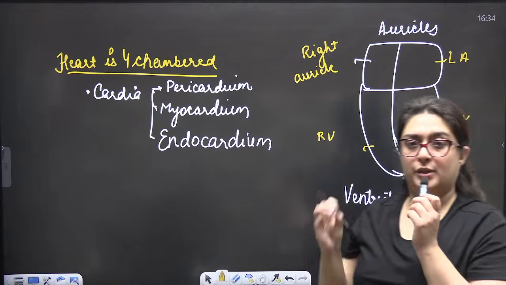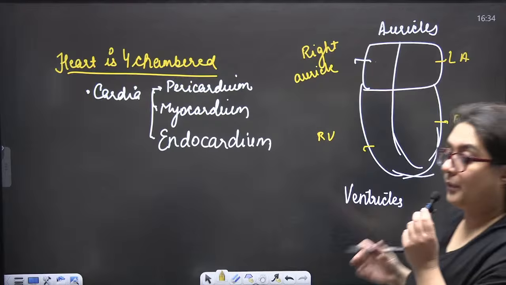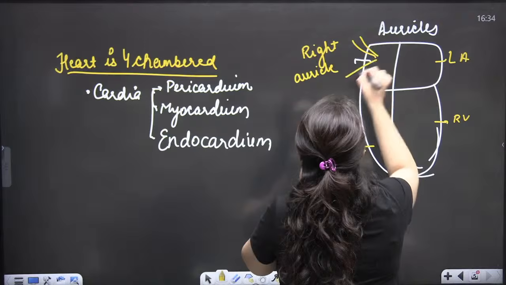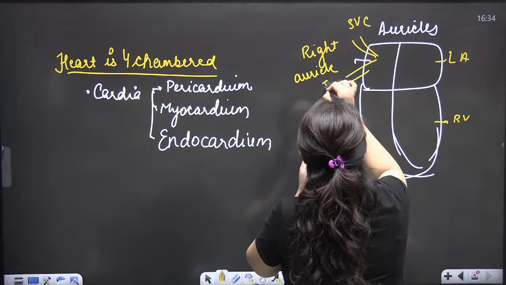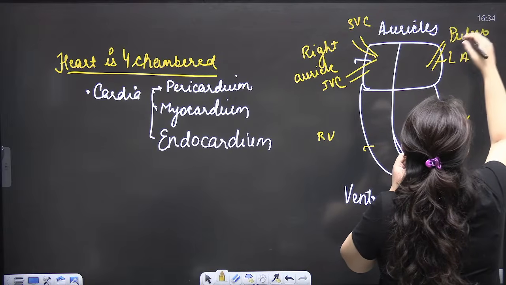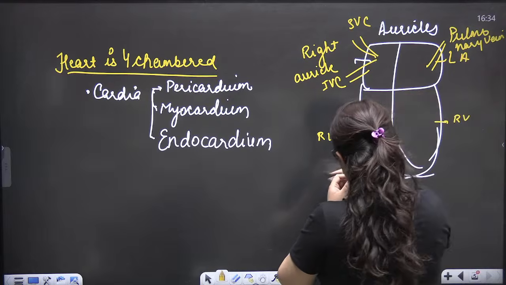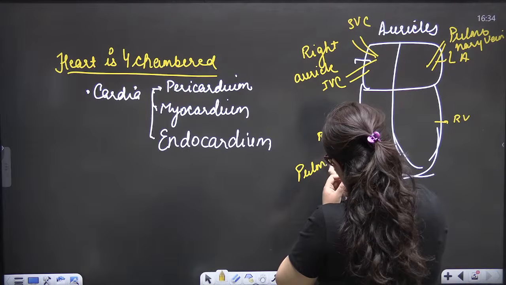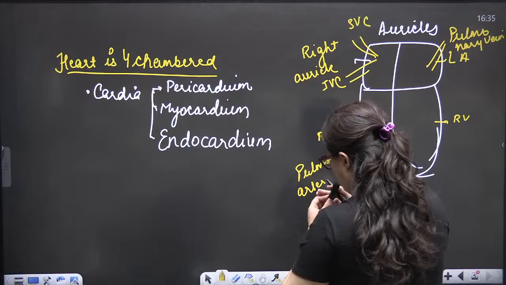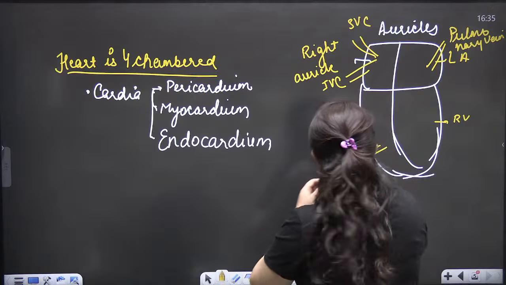Now all the chambers of the heart receive or give blood through the arteries and veins. So here superior and inferior vena cava, SVC and IVC. Here pulmonary vein. Here pulmonary artery, and here aorta.